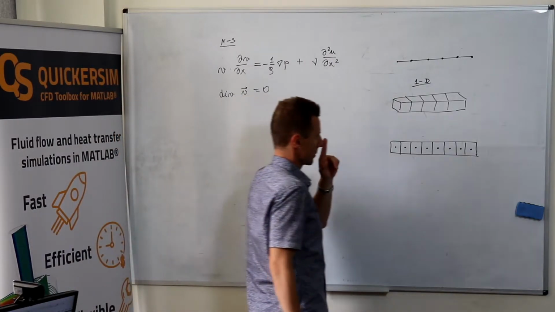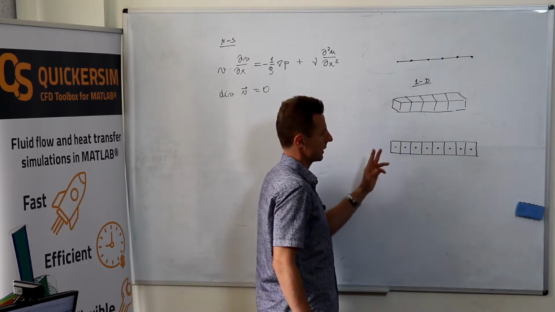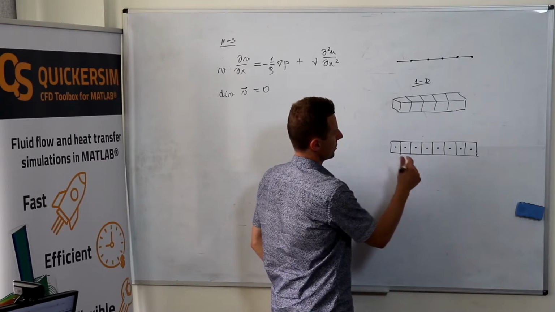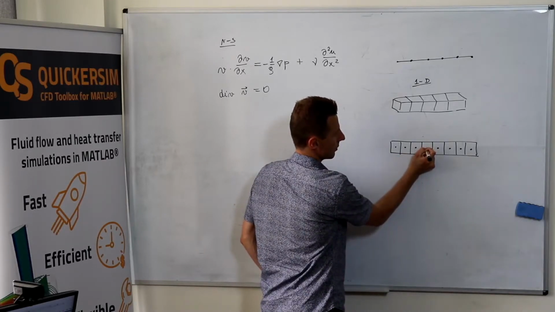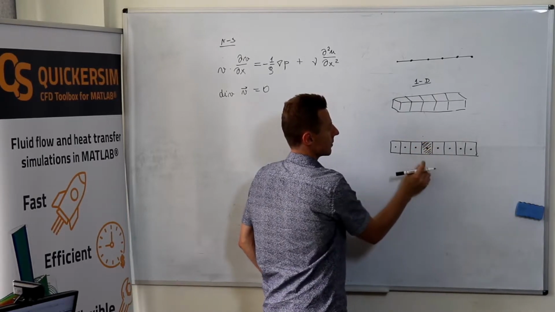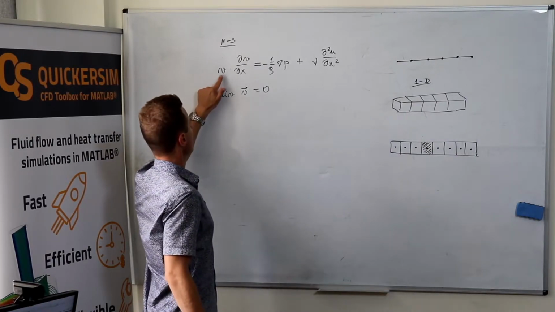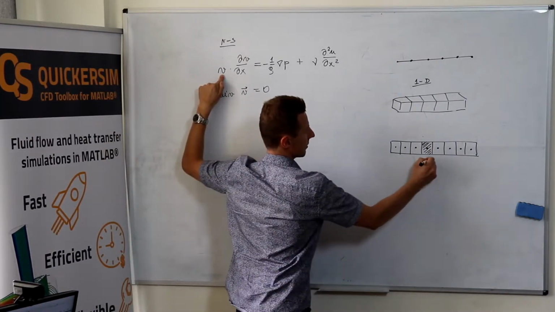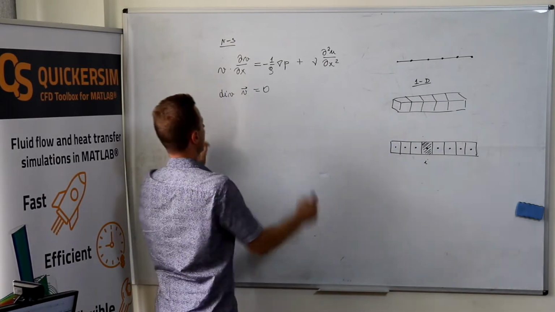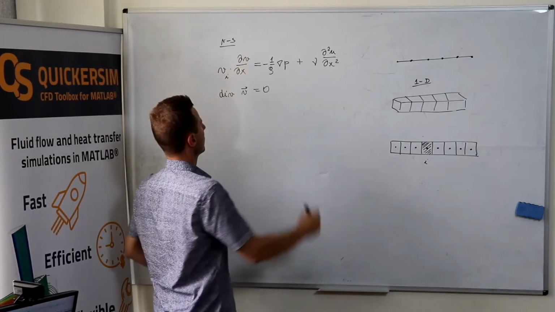In finite volumes, if you just consider the physical intuition, what would you do? If you need to write the momentum balance for this finite volume, you would be using the velocity, let's say it's the ith cell.